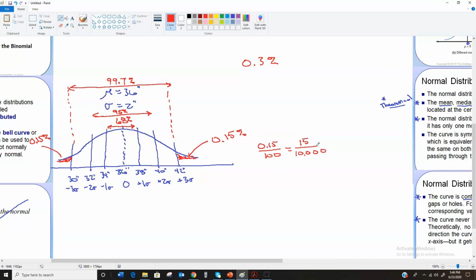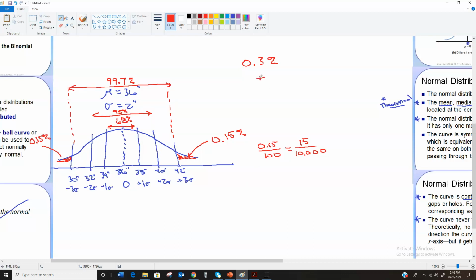Only 15 out of every 10,000 sunflowers would be up in this area beyond 42 inches. And then the same thing for this end. So only 15 out of 10,000 sunflowers would be less than 30 inches. So this being beyond 3 standard deviations is very, very unlikely with normally distributed data.